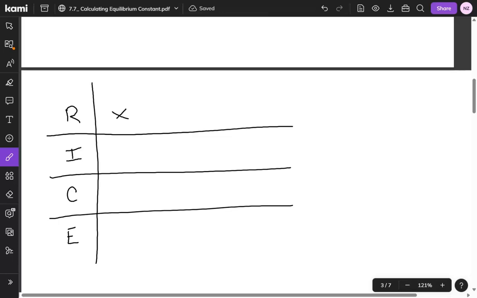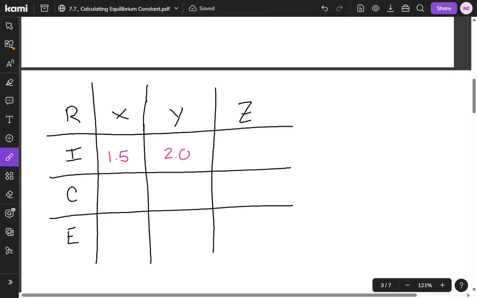We had X, we had Y, and we had Z. It told us the initial concentrations of X and Y. X was 1.5 and Y was 2.0. Before our reaction has started, we know that Z is 0. Nothing has been made yet. And we know that Z at equilibrium is 0.3. That's all we know.